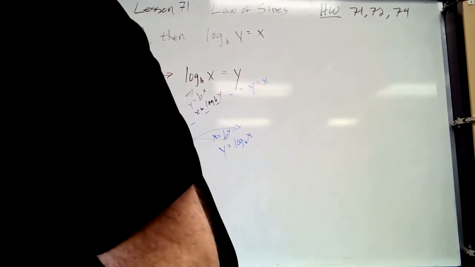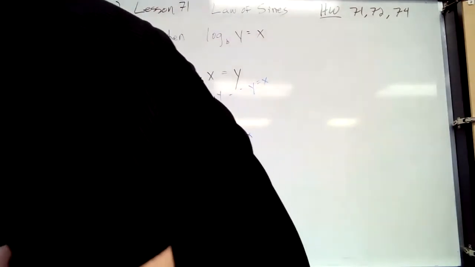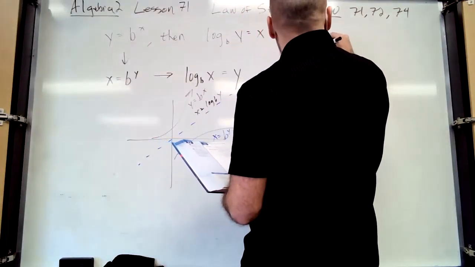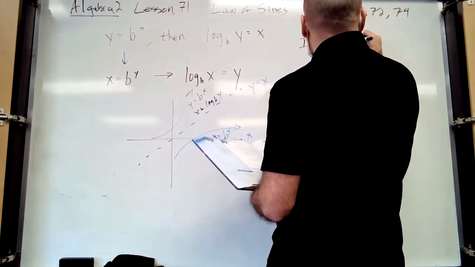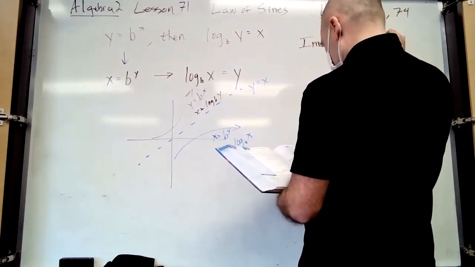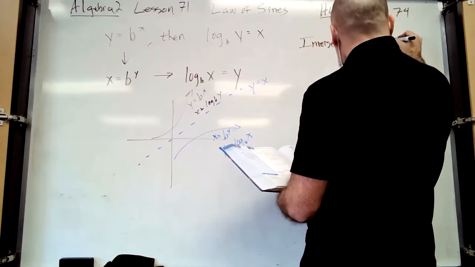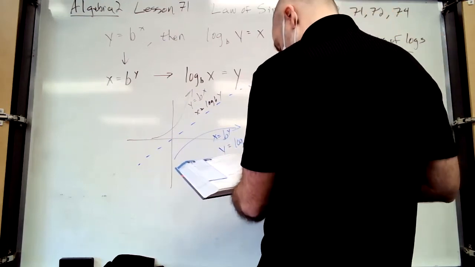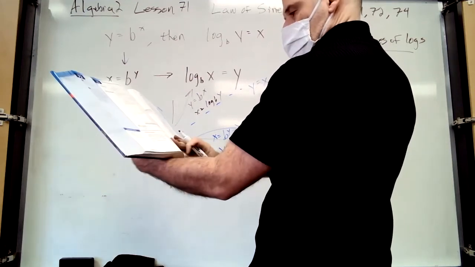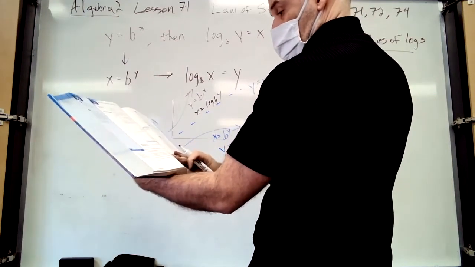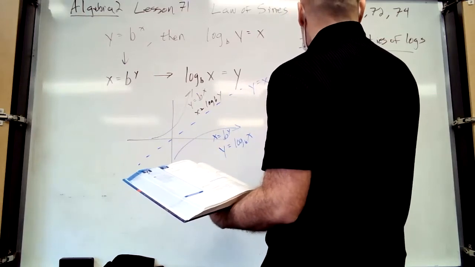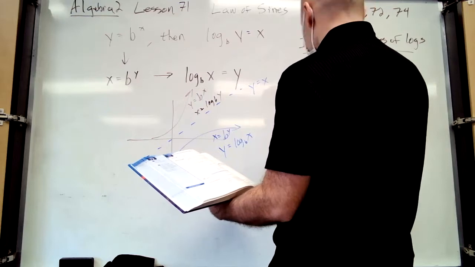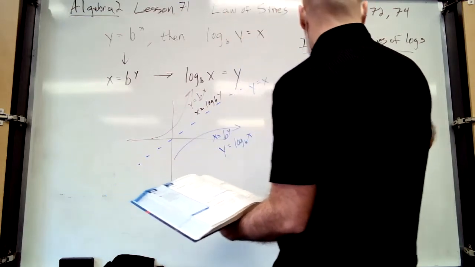Okay, so here's the inverse properties of logarithms. Can't read. So b to the log base b of x equals x.